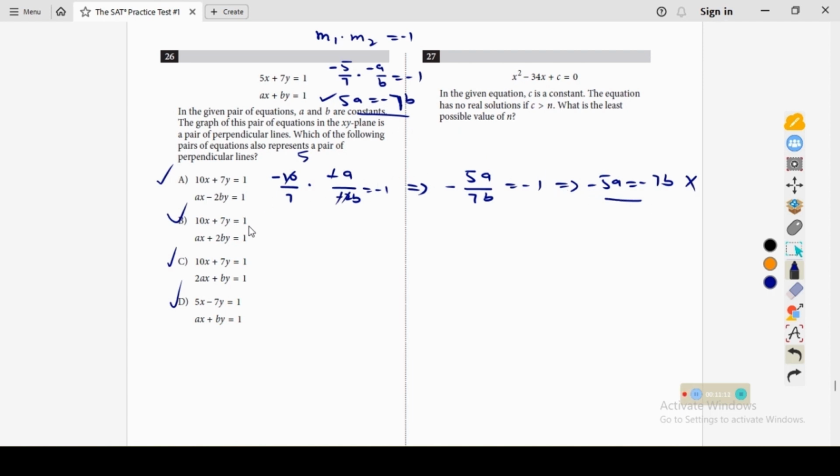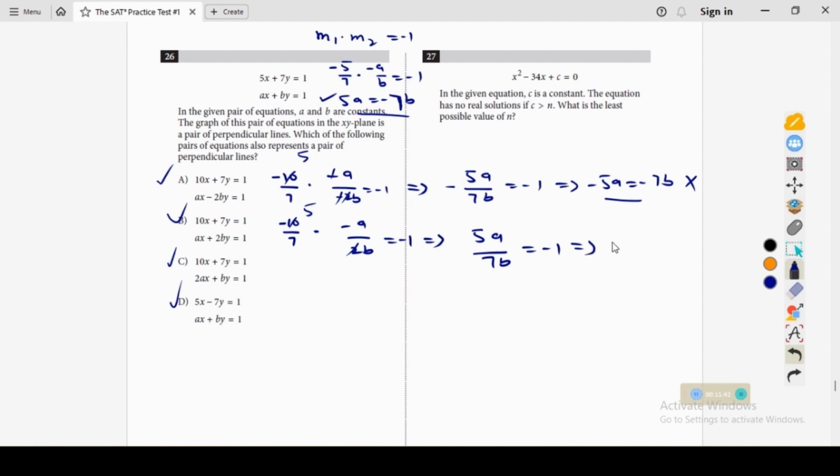Let's move towards B. From B, the slope product is -10/7 times -a by 2b equals -1. Two 5s are 10, and it becomes 5a by 7b equals -1.